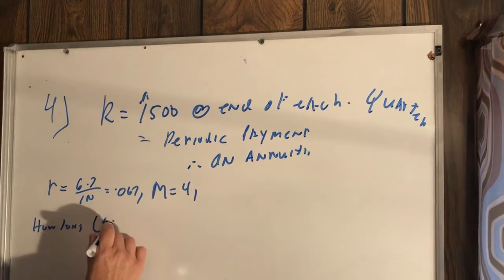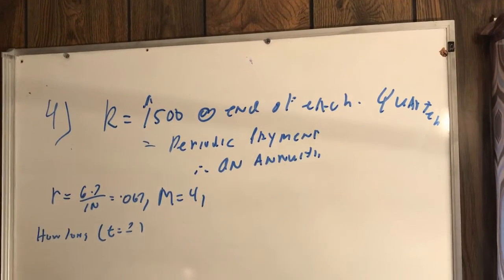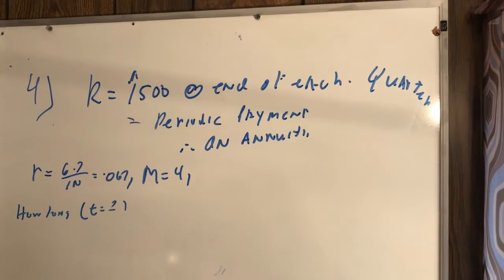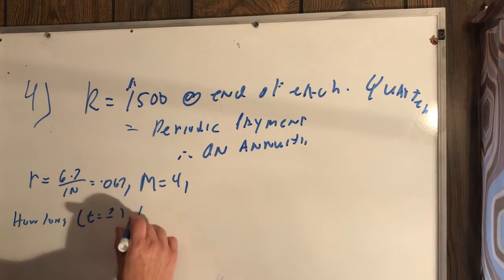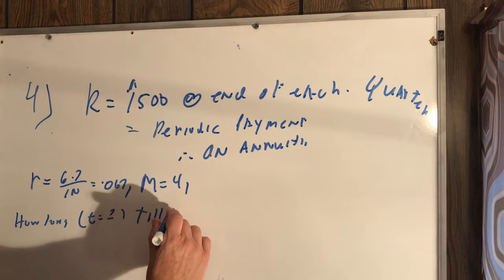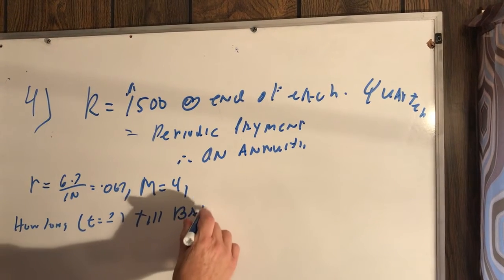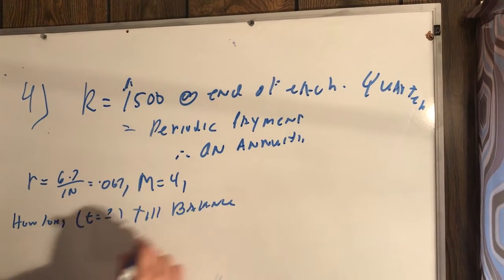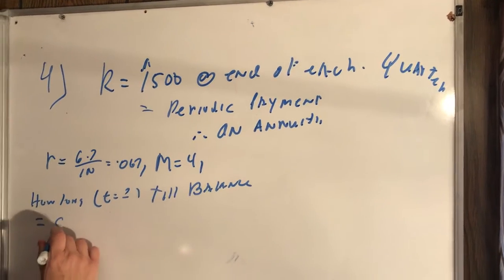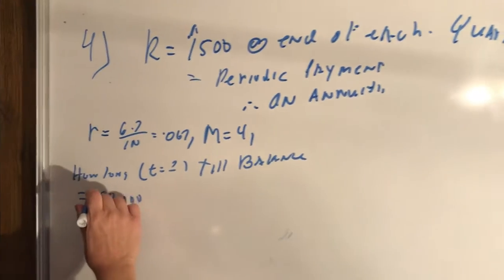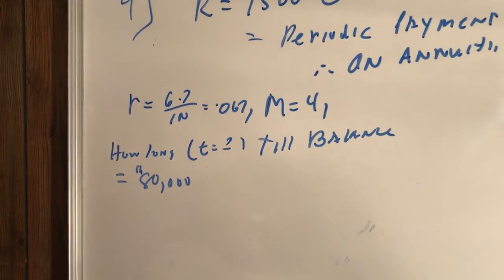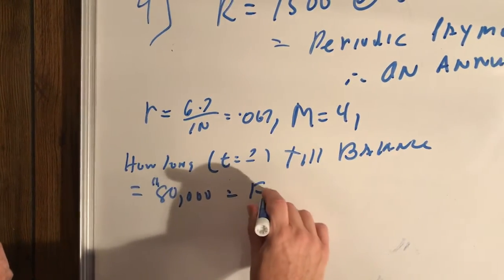Therefore, they're asking for t. How long till the account is worth 80,000? So till the balance equals 80,000. This is your future value.